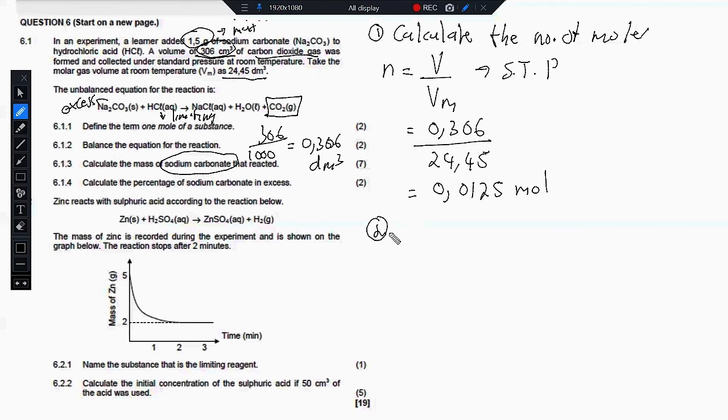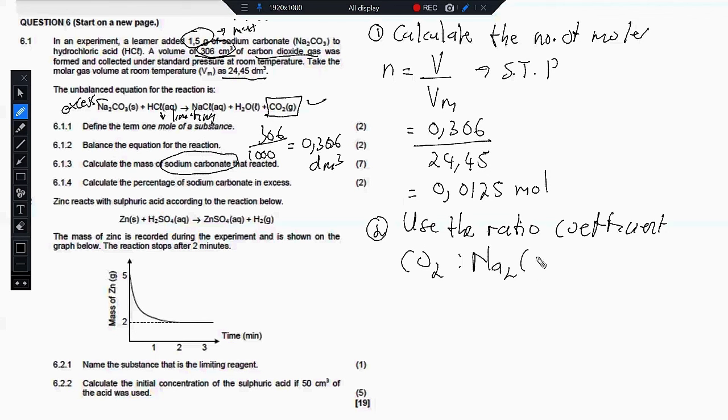And then number 2 is to use the ratio coefficients. Now remember, what we are actually looking for is the mass of the sodium carbonate, but the number of moles that we just found is that of the carbon dioxide. So we compare the ratio of carbon dioxide to the ratio of sodium carbonate.